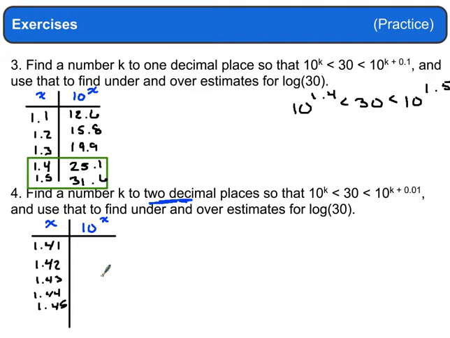And so 1.41 would be 25.7. 1.42 would be 26.3. 1.43 would be 26.9. 1.44 would be 27.5. 1.45 would be 28.1.